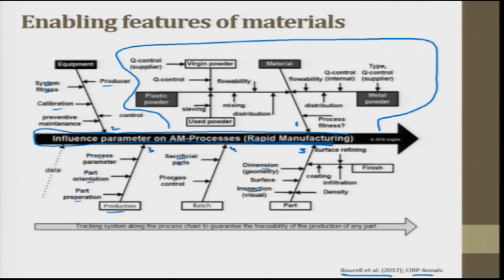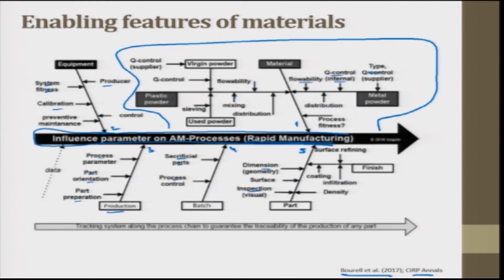If it is plastic powder, what is the flowability, what is the mixing, what is the distribution, what is the quality control in the case of virgin powder? It can also be a used powder. Flowability, quality control from the supplier, distribution: all these are concerns in the case of metal powder.